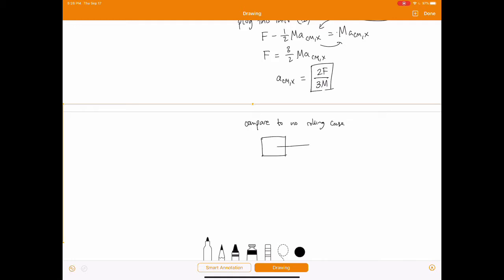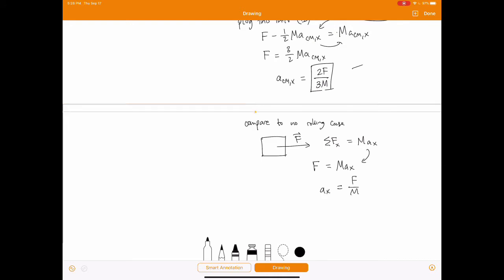You're just dragging it across the floor this way with force F. Well, in that case, if we do the net force in the x direction is equal to m times acceleration in the x direction, it's a lot more simple now. We just have that one force equals m times ax, and ax gives us F over m.